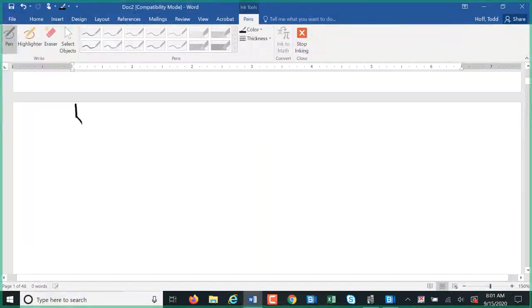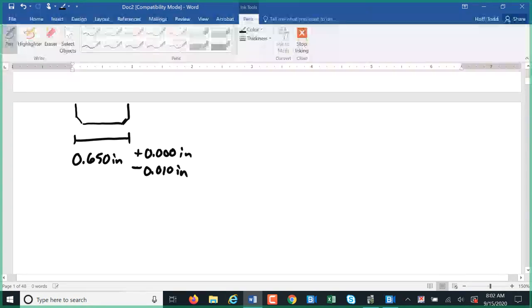We do need to understand a little bit about what this means and why we might use it. What does that mean? Can't be bigger than 0.65. Perfect. We want it to be 650 thousandths, 0.65 inches.